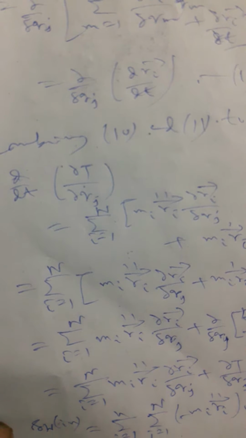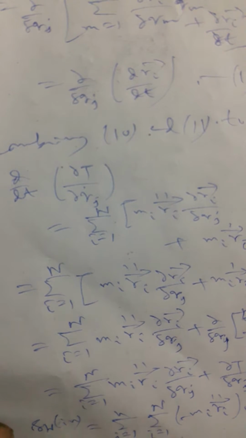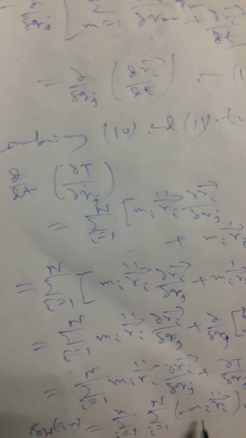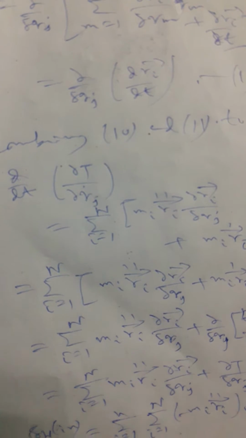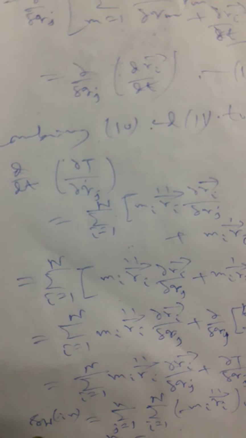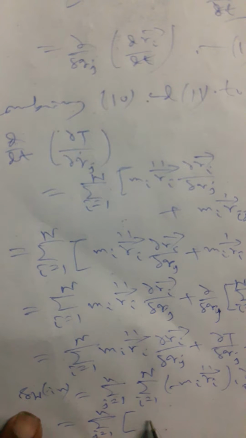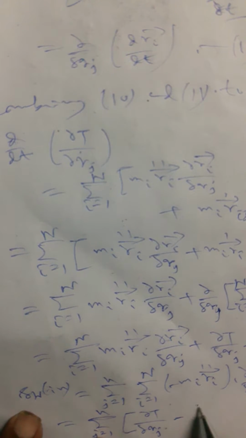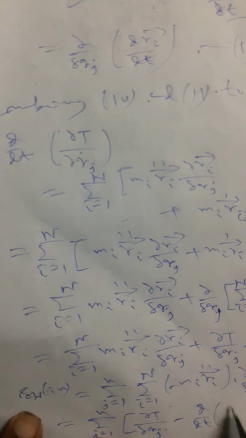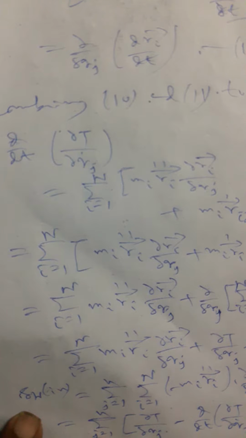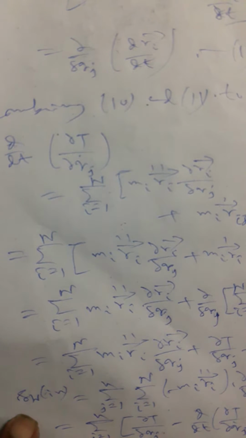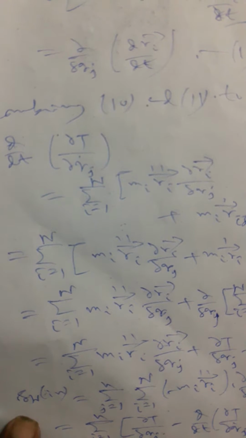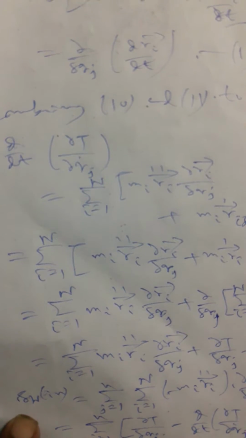Substituting this value, that is sum of j equals 1 up to n, it will be ∂T/∂qj minus d/dt of ∂T/∂q̇j into δqj. Taking it equation number 13.